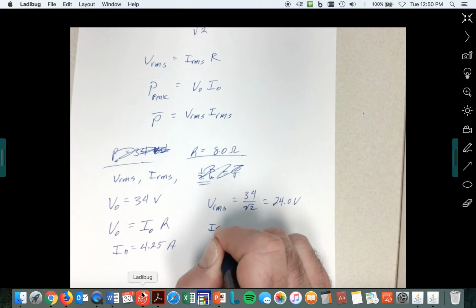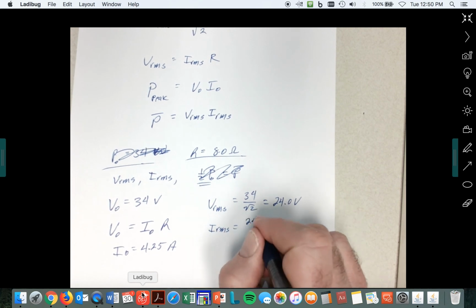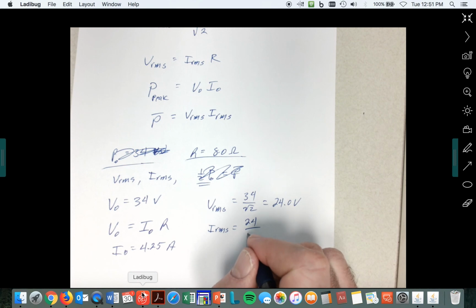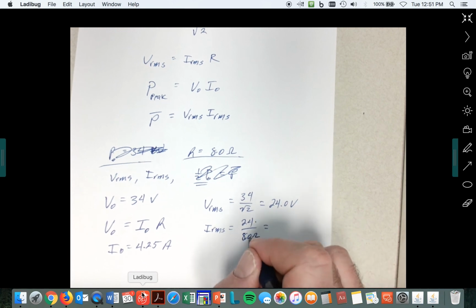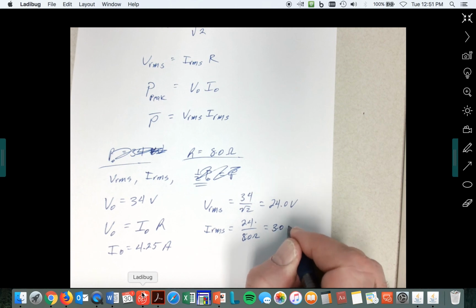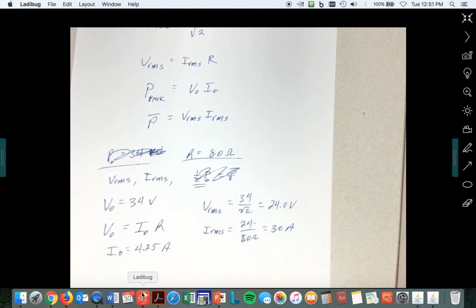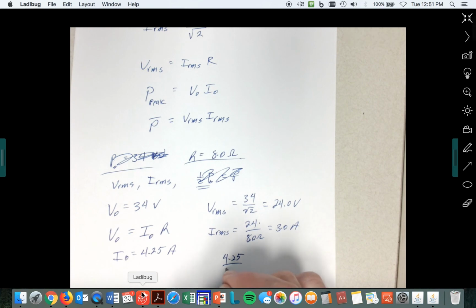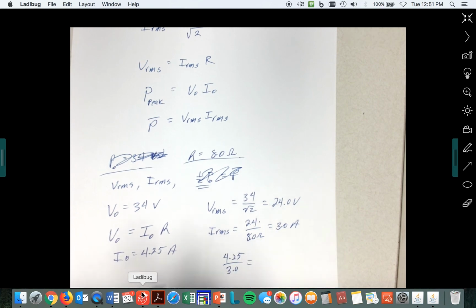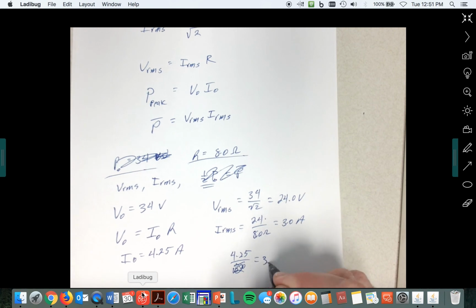The IRMS then is equal to 24 divided by 8 ohms. This is VRMS over R, which would be 3 amps. I hope that's correct. In other words, if I take 4.25 divided by the square root of 2, let's see if that equals 3.0.